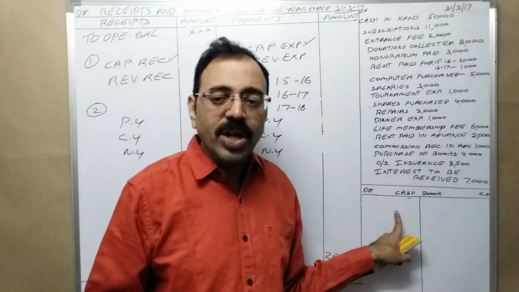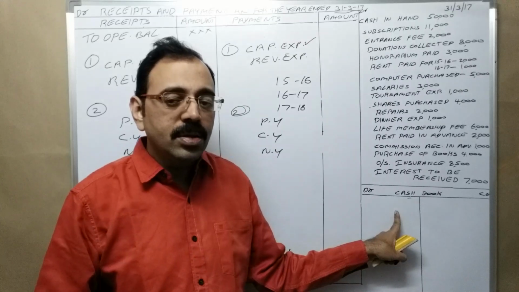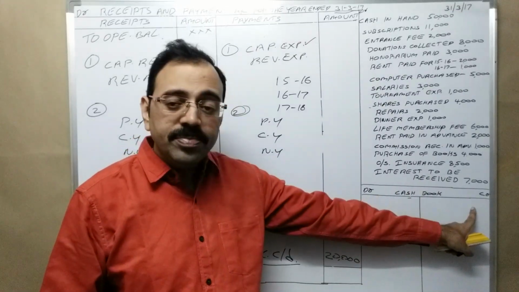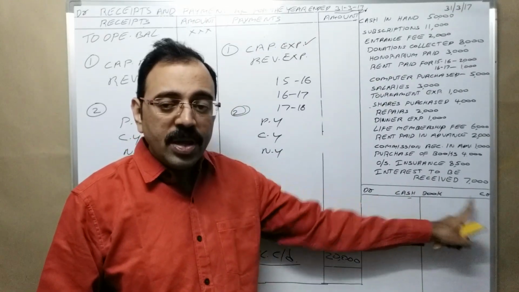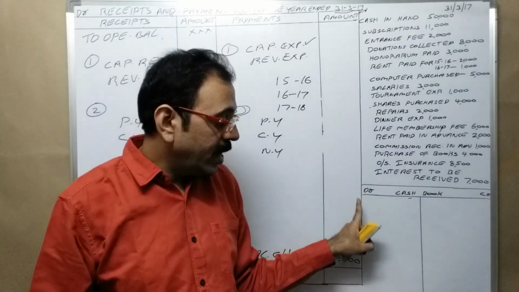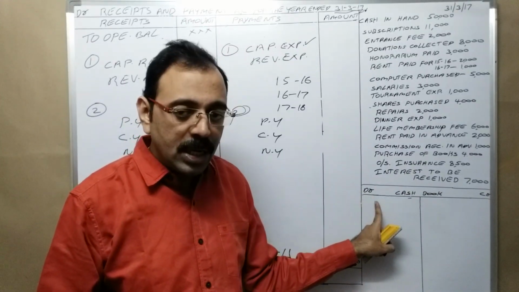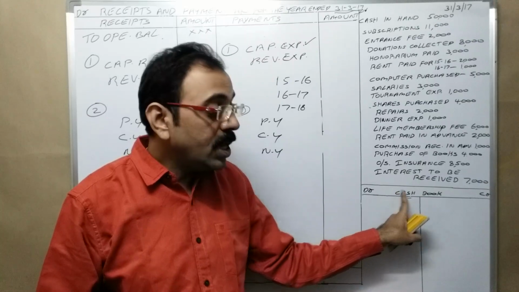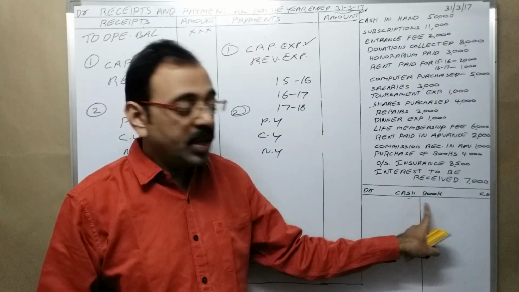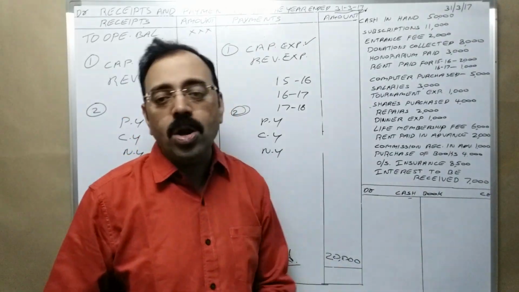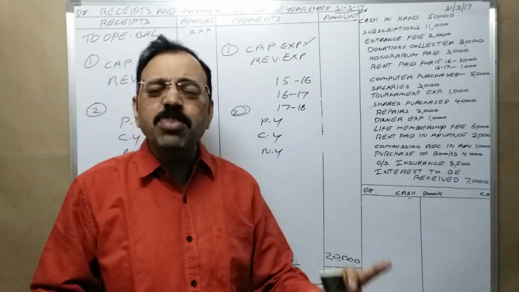Cash book. Once you recollect the format, two sides, debit and credit. On the debit side we have date, particulars, LF number, amount. The credit side also has the same columns. I am talking about the simple cash book.